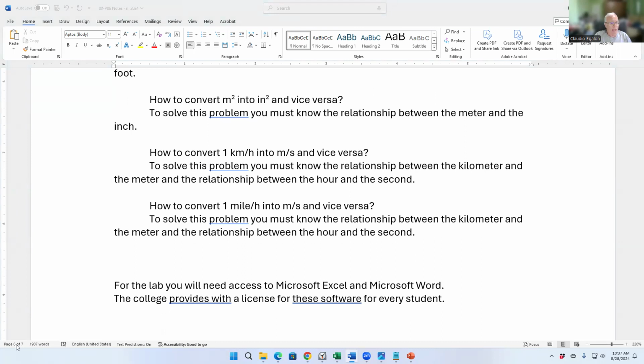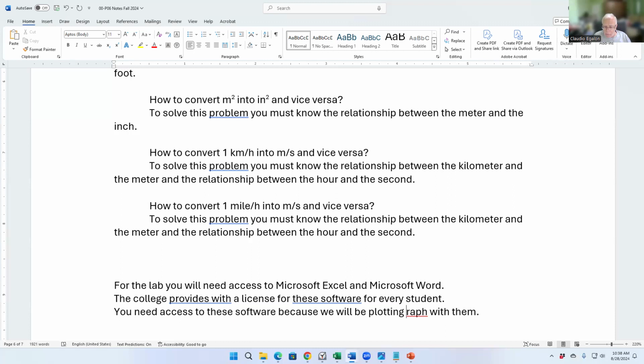You need access to these softwares because we will be plotting graphs with them.